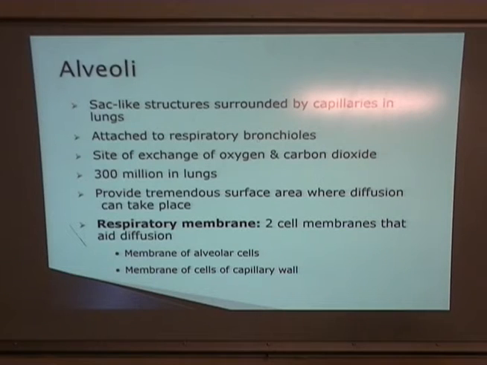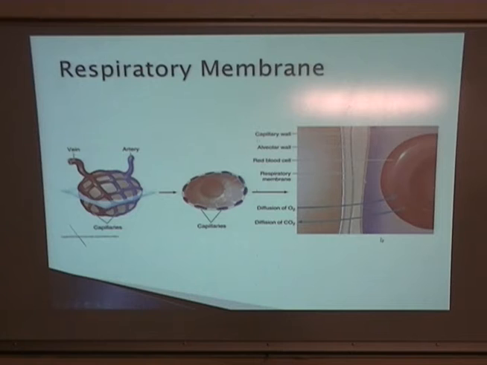And then we have what we call the respiratory membrane. The respiratory membrane is made up of the membrane of the alveolus and the membrane of the capillary that's running next to it. Okay, so here's one alveolus, and here's the artery.